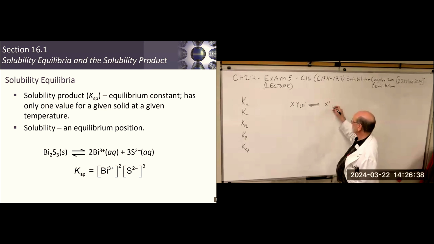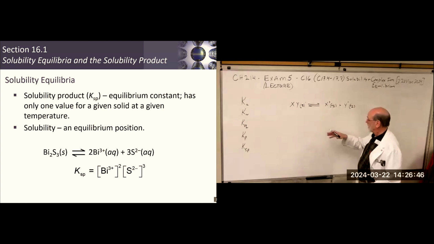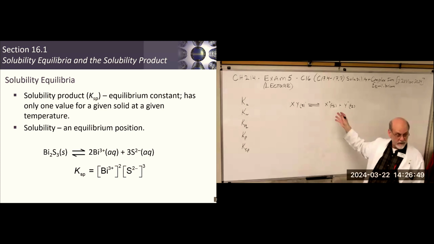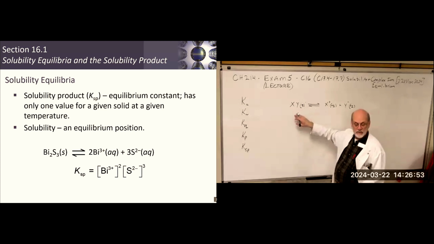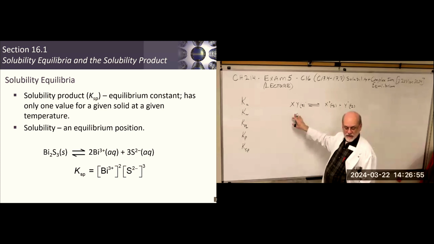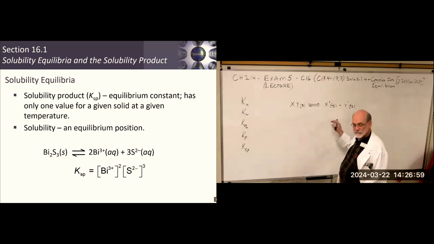So we have that in aqueous solution, and we're going to stick to aqueous only. All right? So there you have a generic solubility of an insoluble compound. Right? We used to call it insoluble. We know we get a little bit over here.